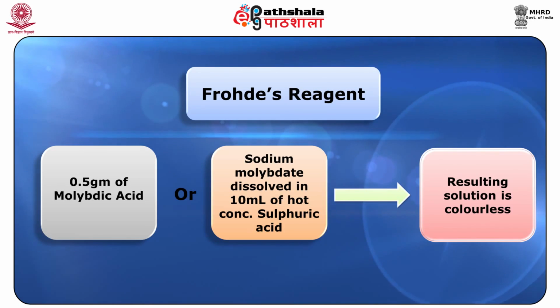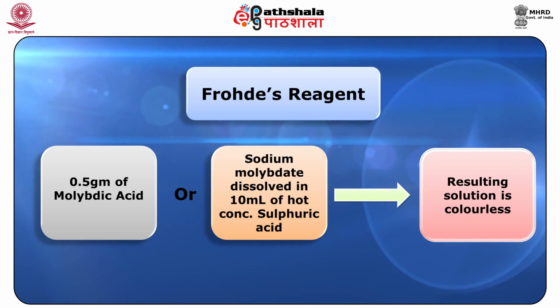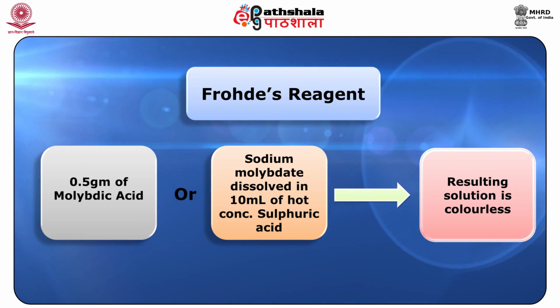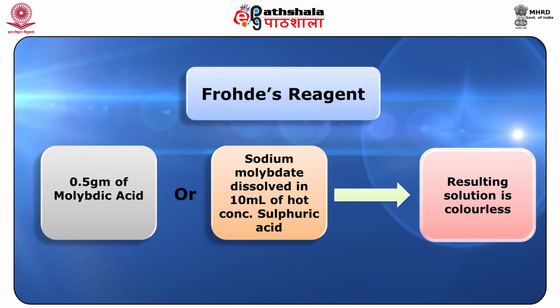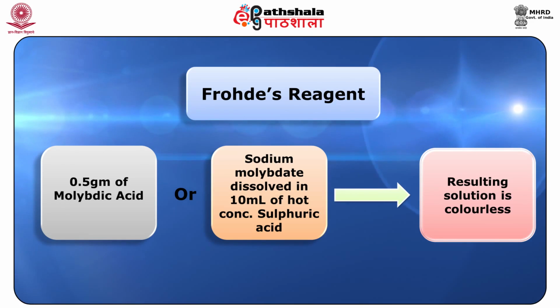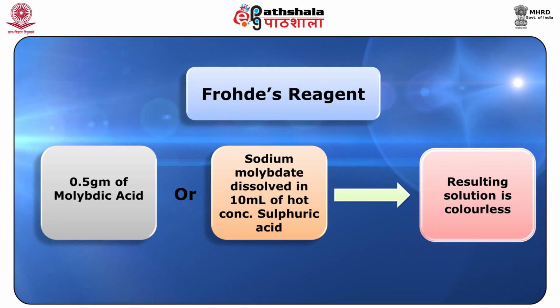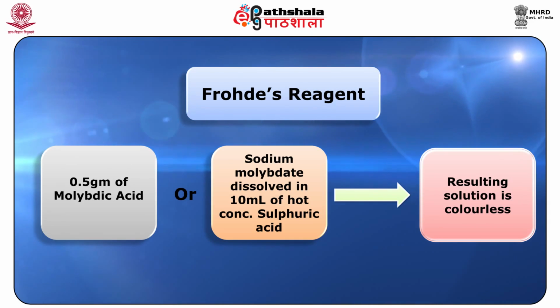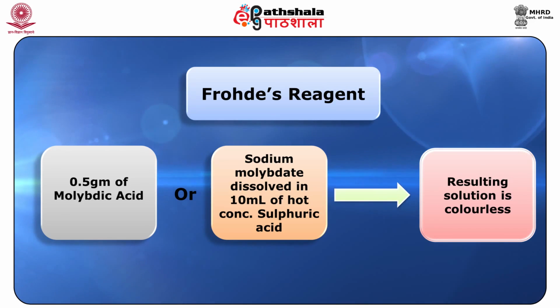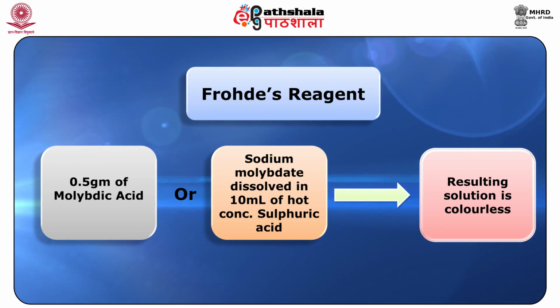Next is Froehde's test. First we have to prepare the Froehde's reagent. 0.5 gram of molybdic acid or sodium molybdate is dissolved in 10 ml of hot concentrated sulfuric acid. The resulting solution should be colorless.